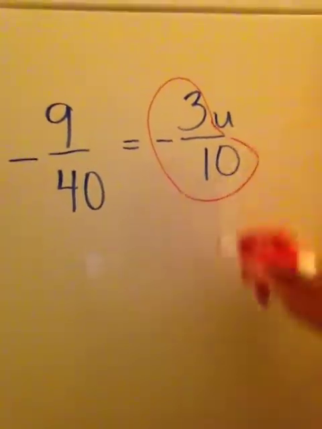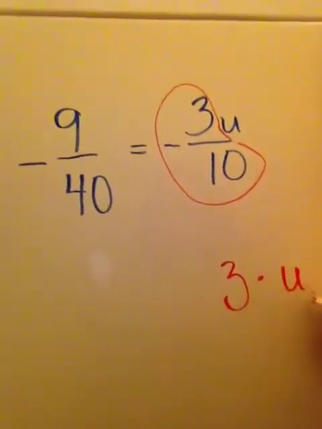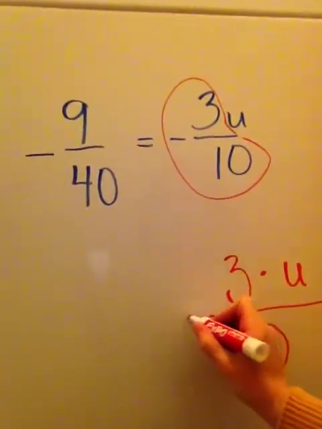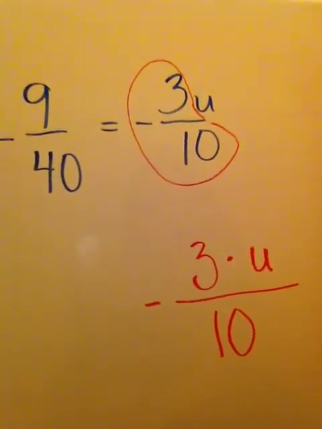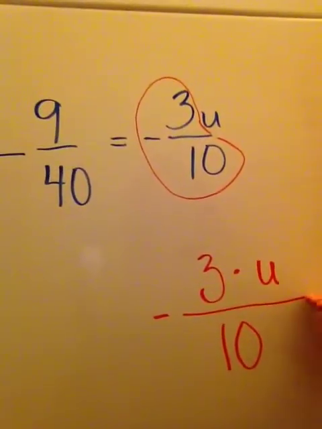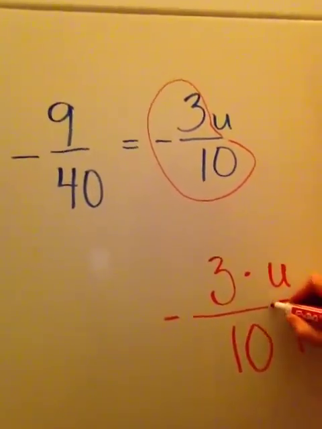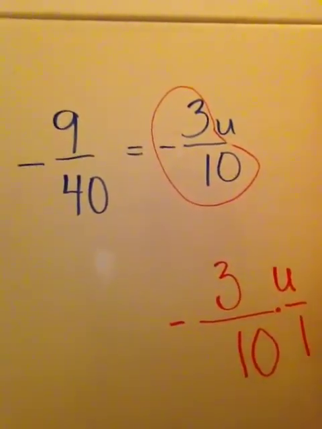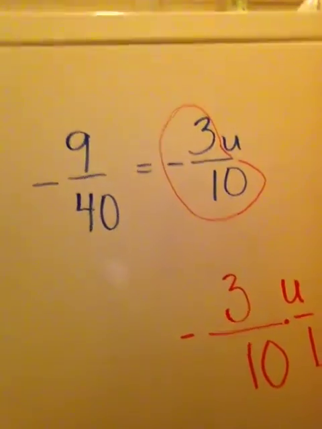The reason why is because, remember, that's 3 times u over 10. And the negative's out here as well. So if you notice, I could put my u over 1, right? And if I'm multiplying, what would be 3 times u? 3u. What would be 10 times 1 is 10.